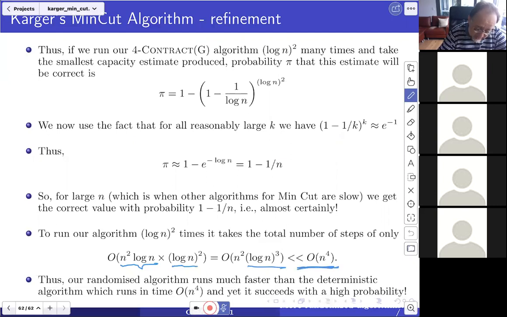So this is much, much smaller than n to the 4th power. In fact, the algorithms that find min cut all use this brilliant Karger algorithm.